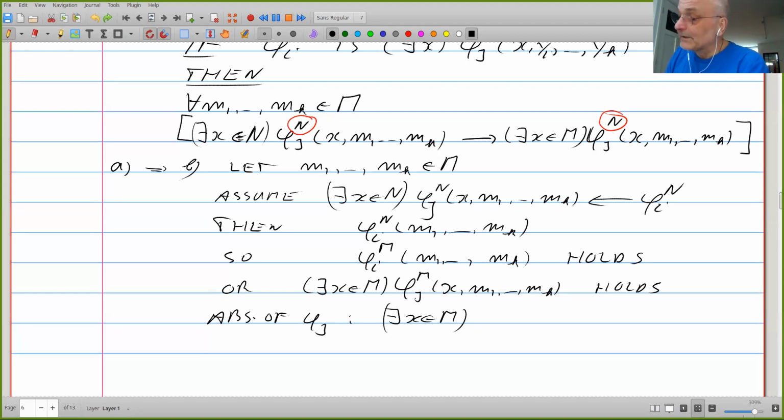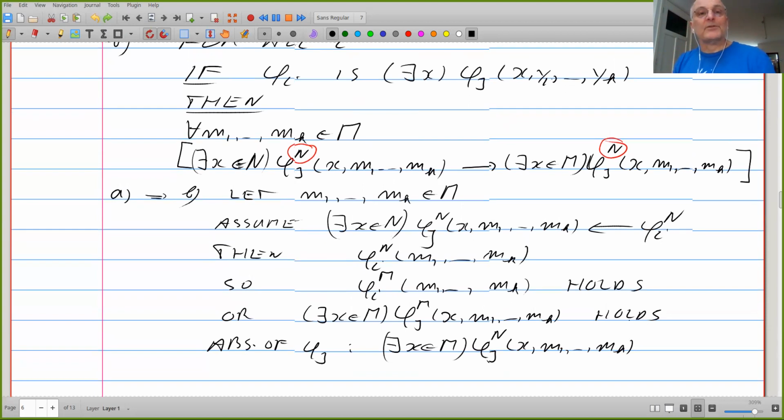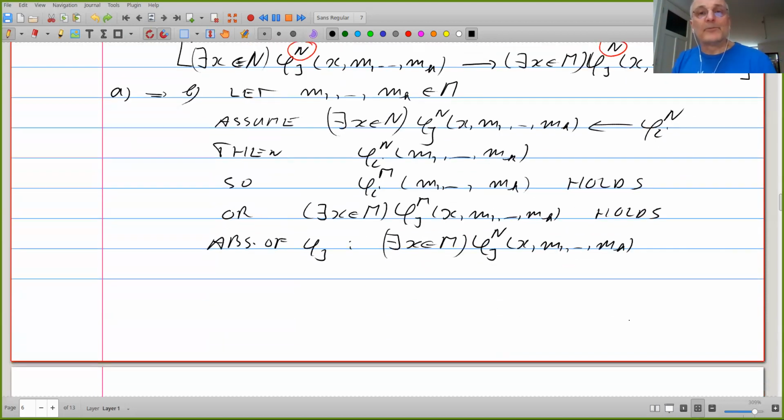So phi j m x m1 and so on is the same as the phi n j x up to m1 up to mk. And there we have it. We started out with the assumption that there was a solution in N. We end up with a solution in M.